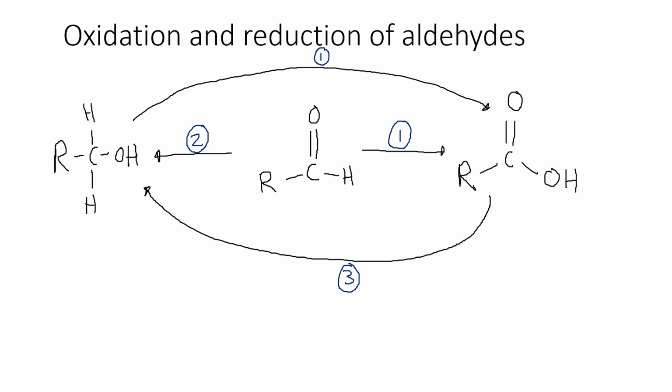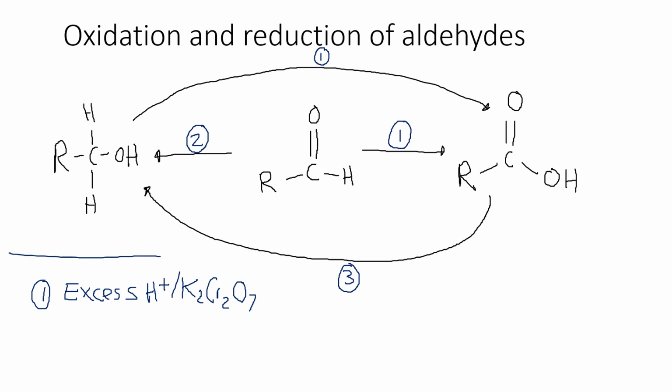And for arrow 1, you need excess H+ and potassium dichromate. So excess H+ / K2Cr2O7. And you need to reflux. So that's arrow 1.